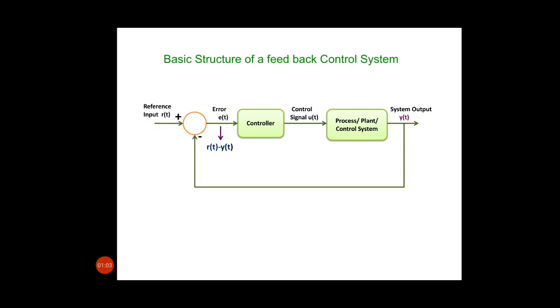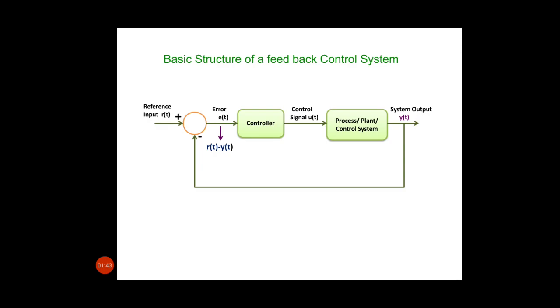So we pass this error through an element which is called a controller, which then calculates what should be the input that needs to be provided to the system, so that it can follow the desired output r of t. In other words, a controller is a block that takes an error between what is desired and what is actually obtained, and then calculates what should be the corresponding input that needs to be provided to the system.